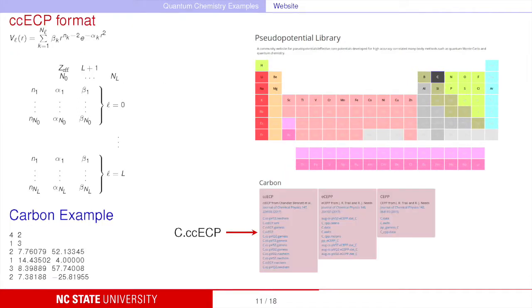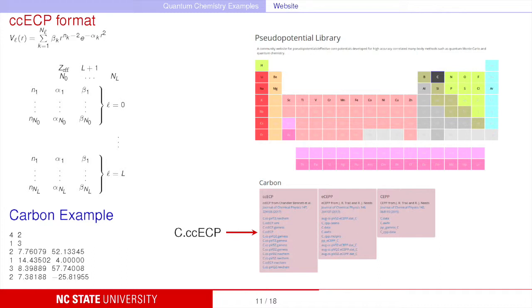Okay, but just to describe all the information that's there, if you go to the pseudopotential library and, for example, click on carbon, you'll see a number of different little tiles pop up. It's hard to see here because of the projector, but the first one will be CCECP.